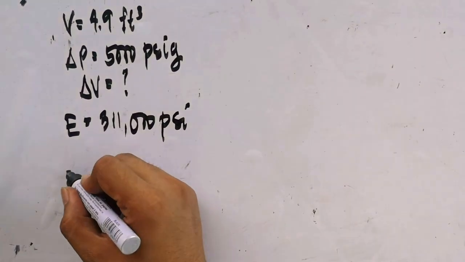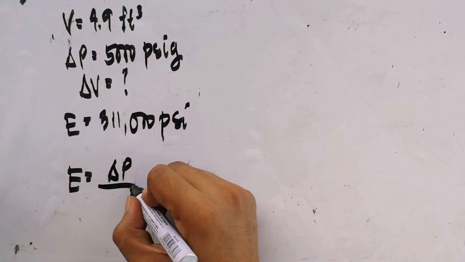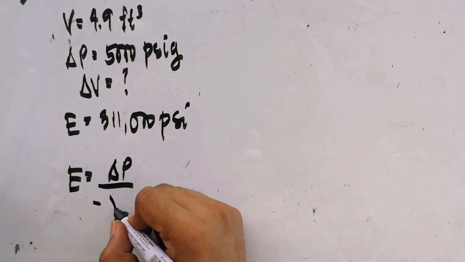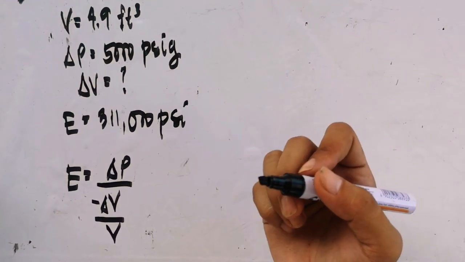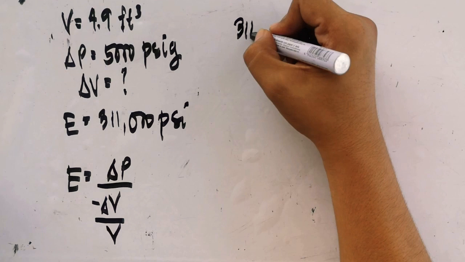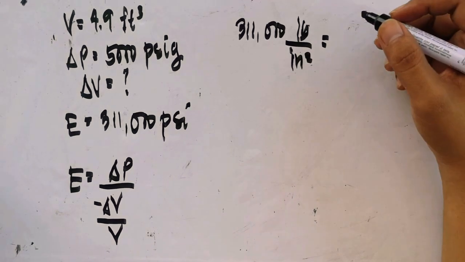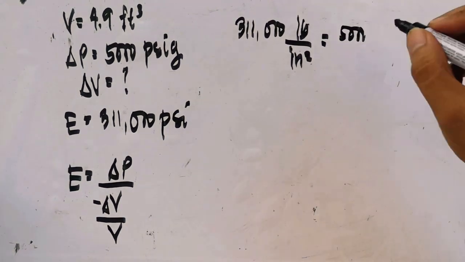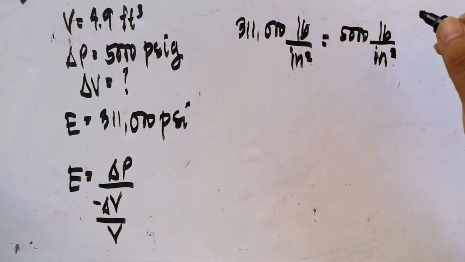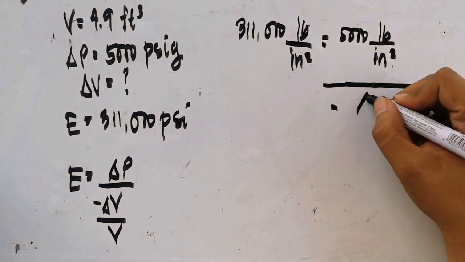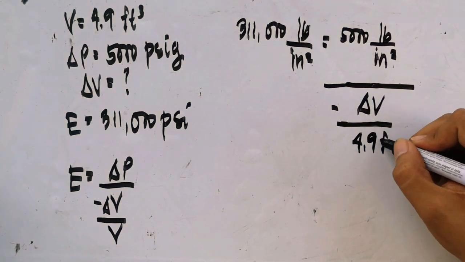What is our formula for the bulk modulus of elasticity? This is E equivalent to delta P over negative delta V over V. So, we have 311,000 pounds per inch squared or PSI equivalent to 5,000 pounds per inch squared or PSI again over negative delta V over the original volume of 4.9 feet cube.